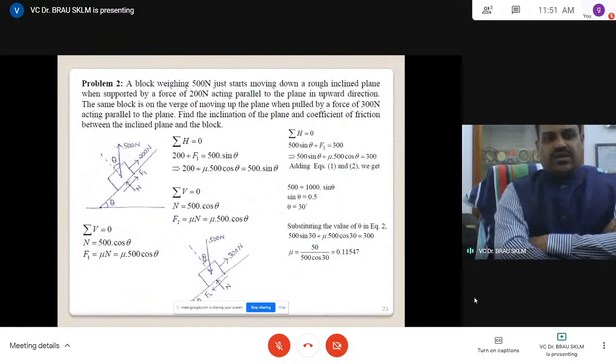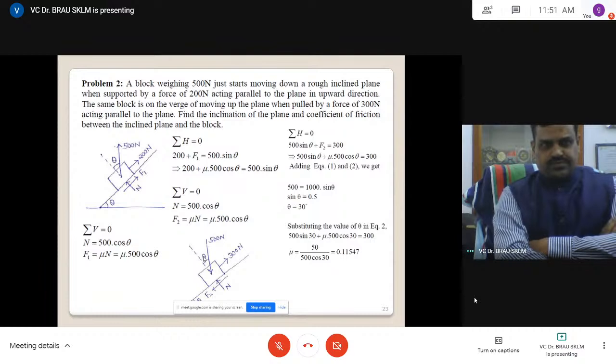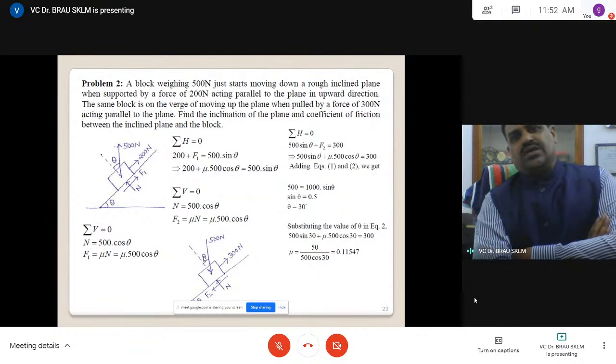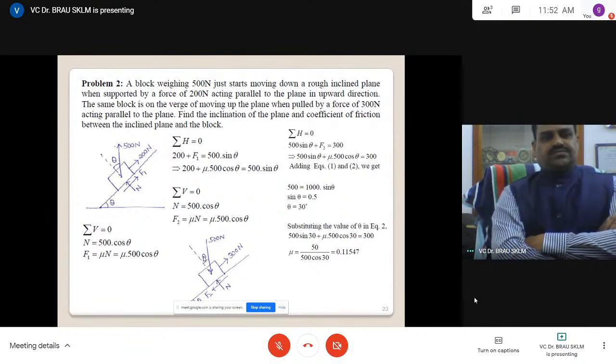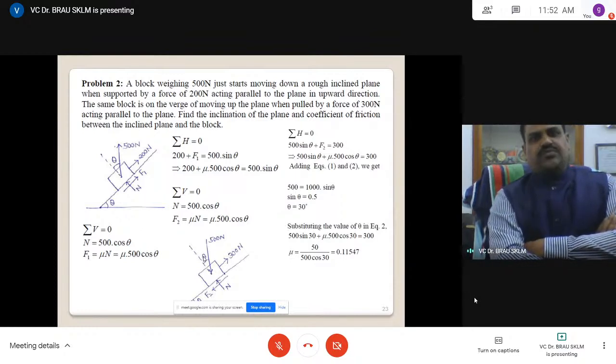Here, similar ones we have already done. Now I am giving a numerical value. Note down this problem. A block weighing 500 newtons just starts moving down a rough inclined plane when supported by a force of 200 newtons acting parallel to the plane in upward direction.